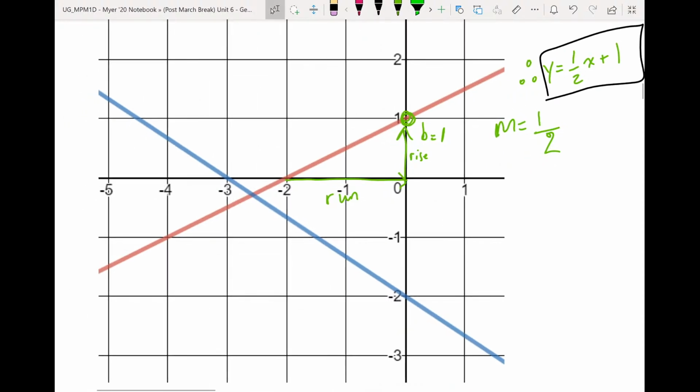All right, now let's look at the other one. So we have a y-intercept here of -2. And we'll do the same thing we were doing before with our rise and run. So it goes down 2 and over 3.